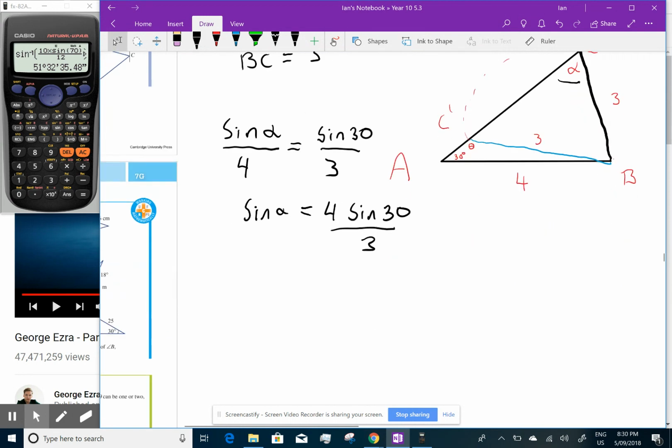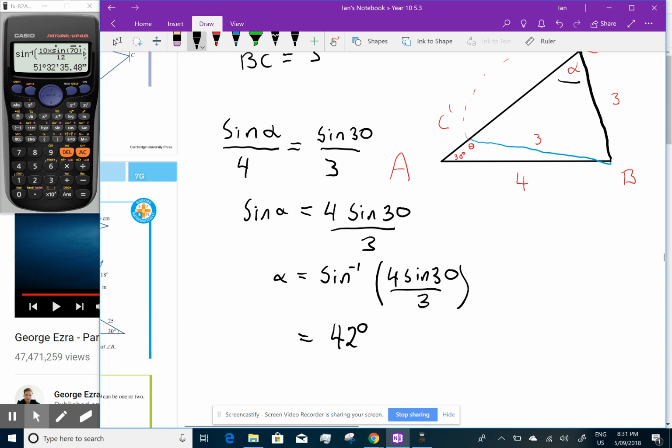And I inverse sine that, and I get, now you're going to have to do the calculator work because I want to hurry along here. And to the nearest degree, I get 42 degrees when I do that. And you can check it.